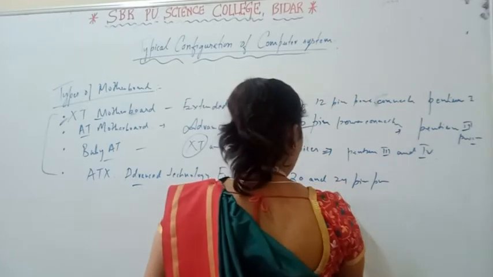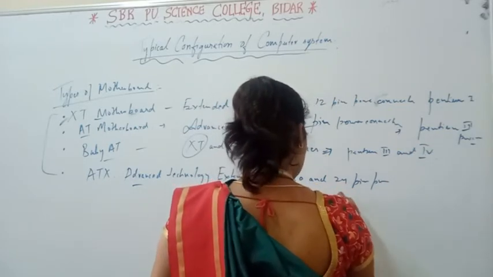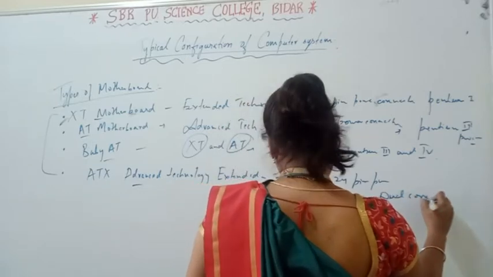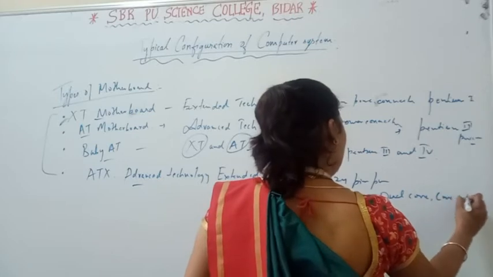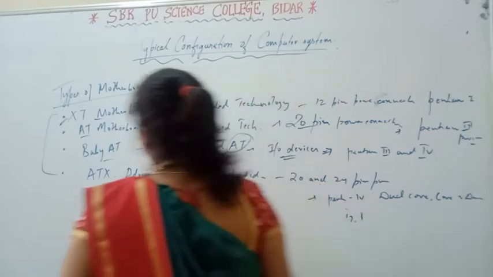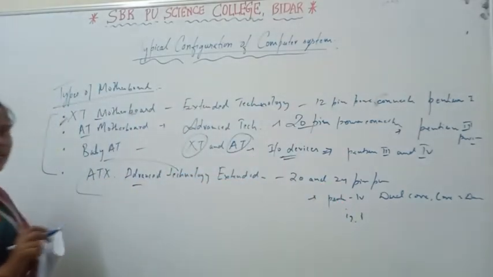The most advanced form is Pentium 4 dual core processor, Core 2 Duo. All these, I3, I5, are examples of the ATX motherboard.